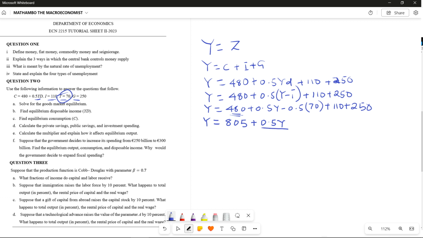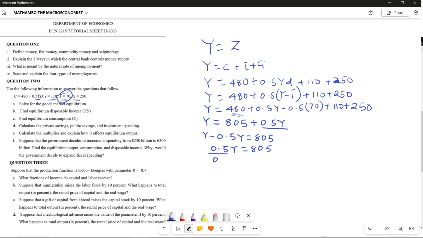So we take the 0.5Y to the other side, so Y minus 0.5Y, which gives us 0.5Y is equal to 805.